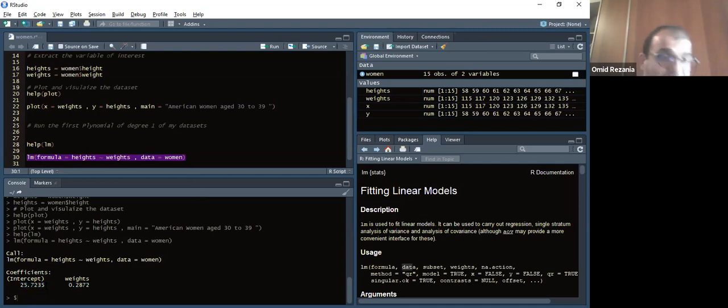It means that your b, which was the coefficient intercept, is 25.72, and the slope for the weights, as your variable, is gonna be 0.2872, which is your A, this is your B. Everyone has the same thing?